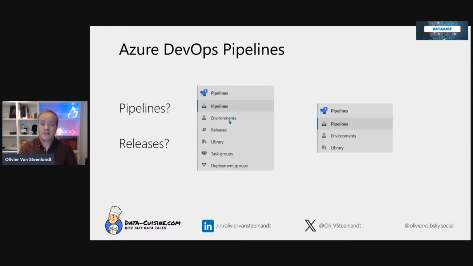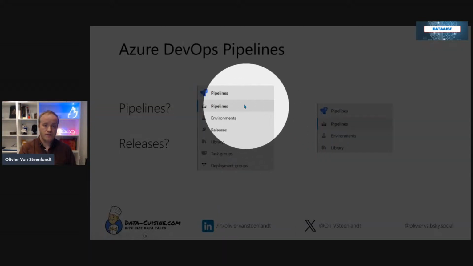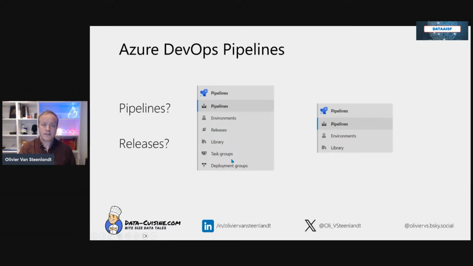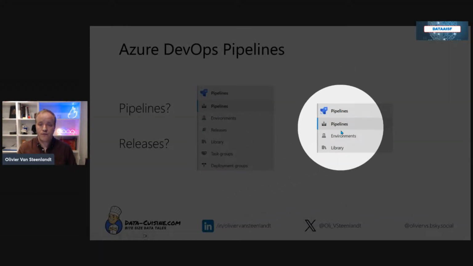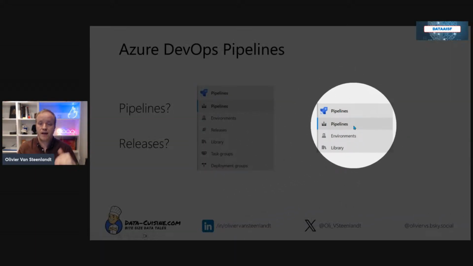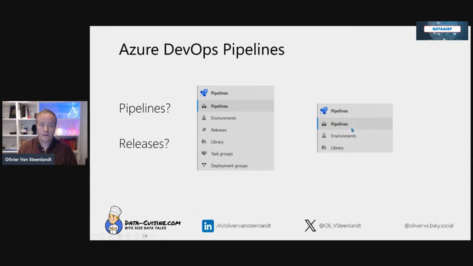The one on the left-hand side is the classical view, which means the old view. The one on the right is the one that you will see by default if you create a brand new organization and pipeline right now. So if we quickly compare, they're moving away from the distinction between pipelines and releases. That basically is the big difference between the two.